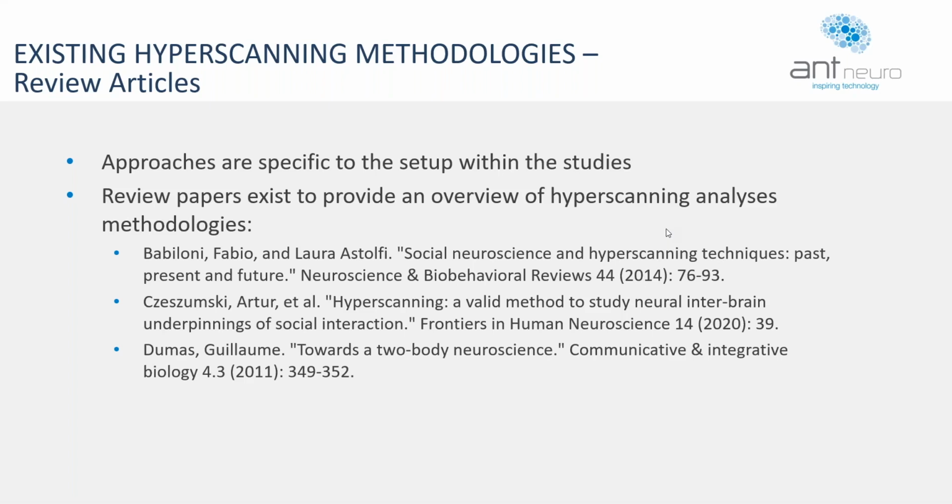The third kind of analysis method that is used is partial directed coherence, and this gives you an idea of the flow of information between brain 1 and brain 2, so between subjects. And this kind of analysis method was also employed by Astolfi et al. in their paper, which was to do with two pilots cooperating with each other in a flight simulator.